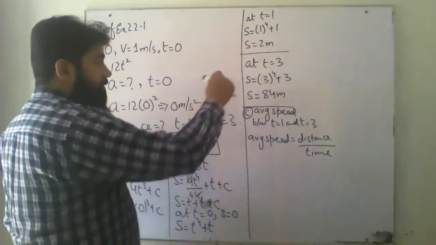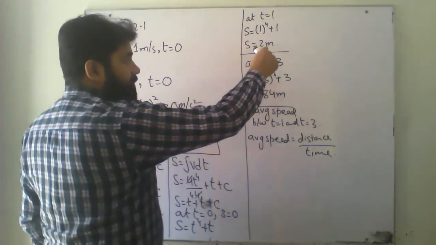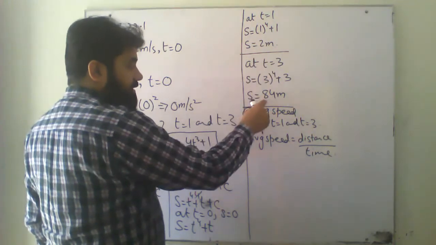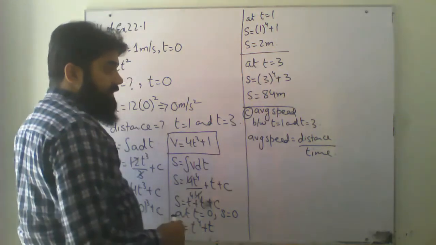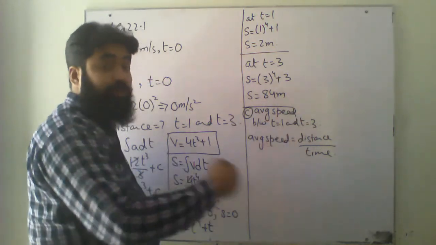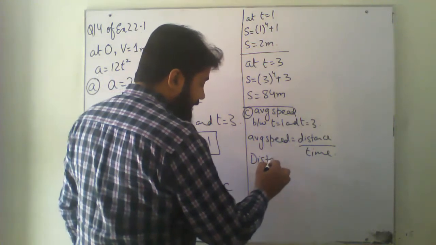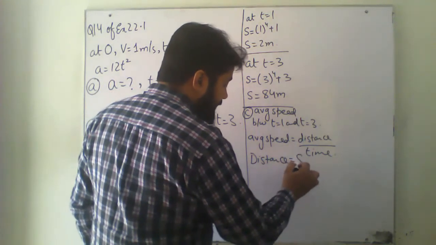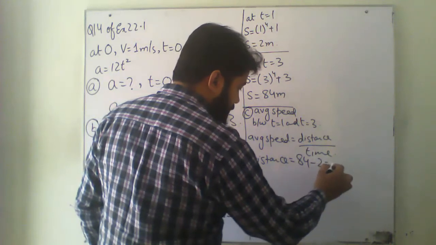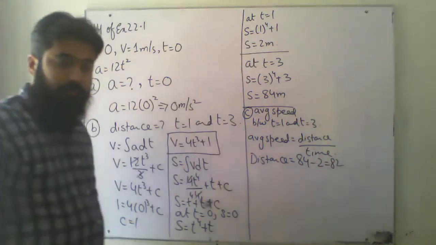So in the first second, the body has covered 2 meter. In the third second, the body is 84 meter away from the O point. So what is the distance covered in that time duration? It will be 84 minus 2. That will be 82.